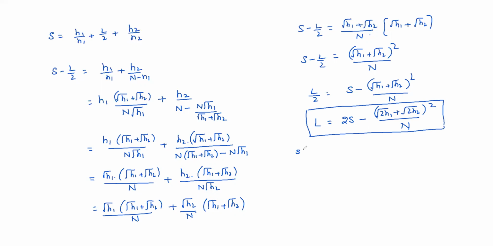Similarly here for SSD case, h1 equal to capital H, h2 equal to small h. That means L equal to 2S minus root 2H plus root 2h whole square by n, and H equal to 1.2, small h equal to 0.15, then L equal to 2S minus 4.4 by n.